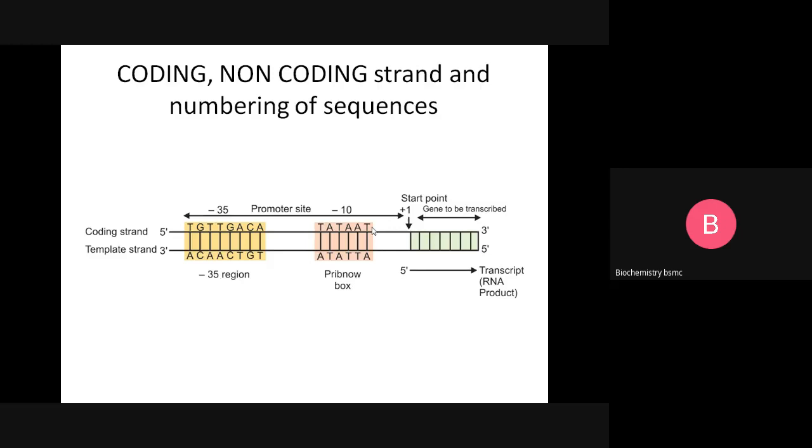So is it clear? It is +1, then it will be -1. Next, we proceed. In this diagram, there are certain other things like the -35 region, promoter. We shall consider those things later on.